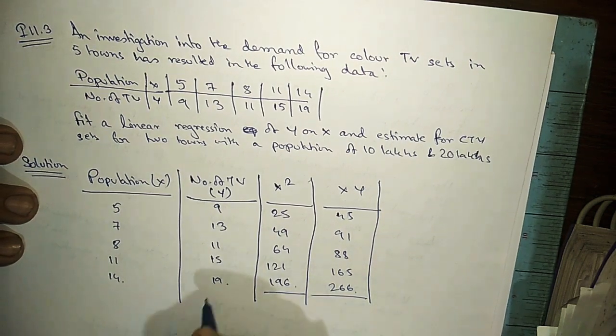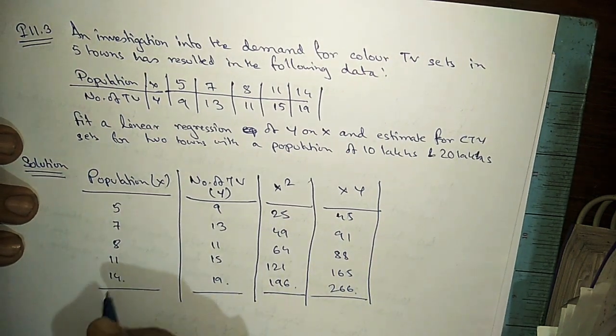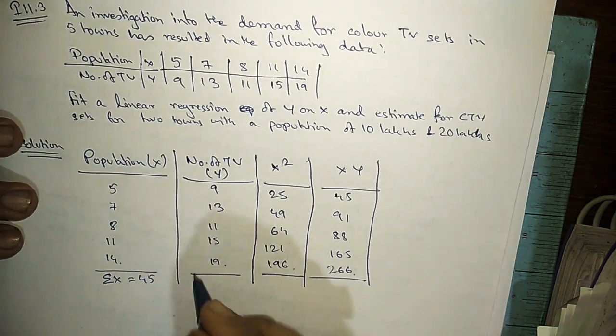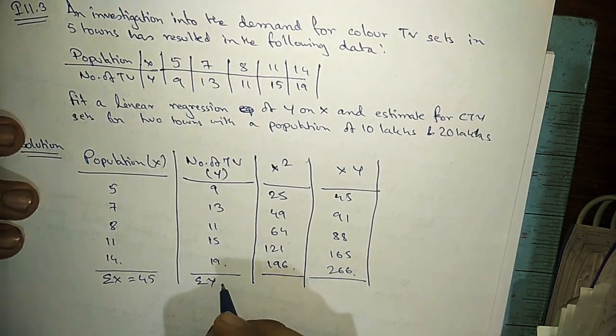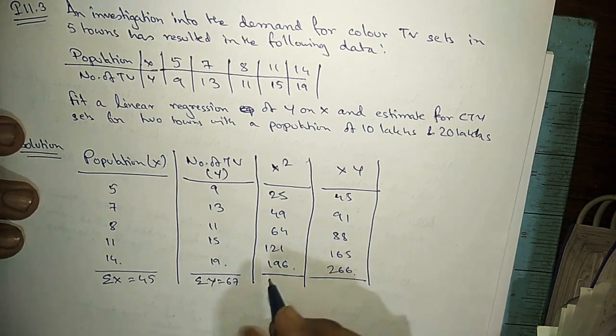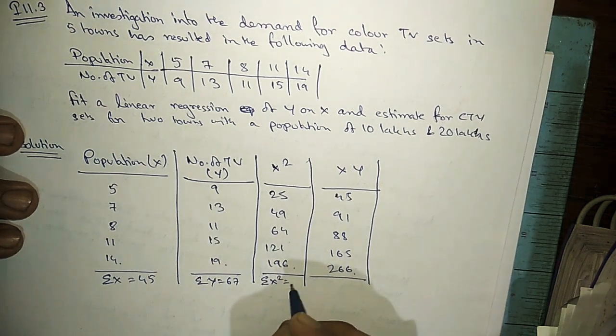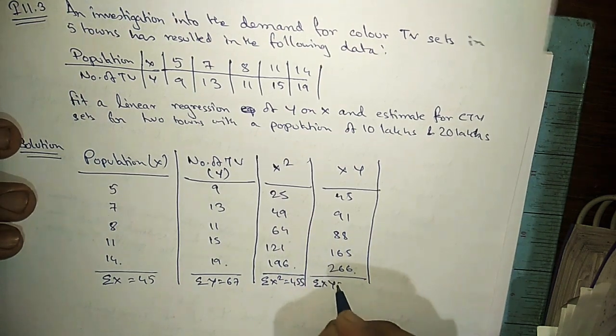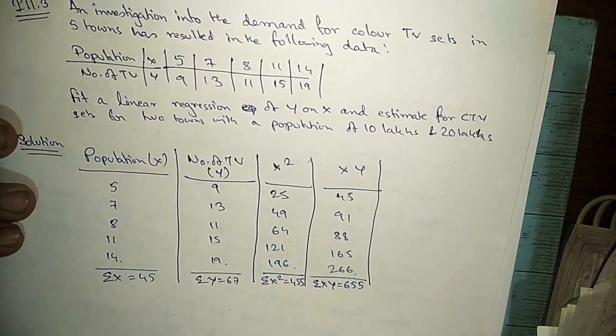Make the total of every set. Summation x equals 45, summation y equals 67, summation x square equals 455, and summation xy equals 655.